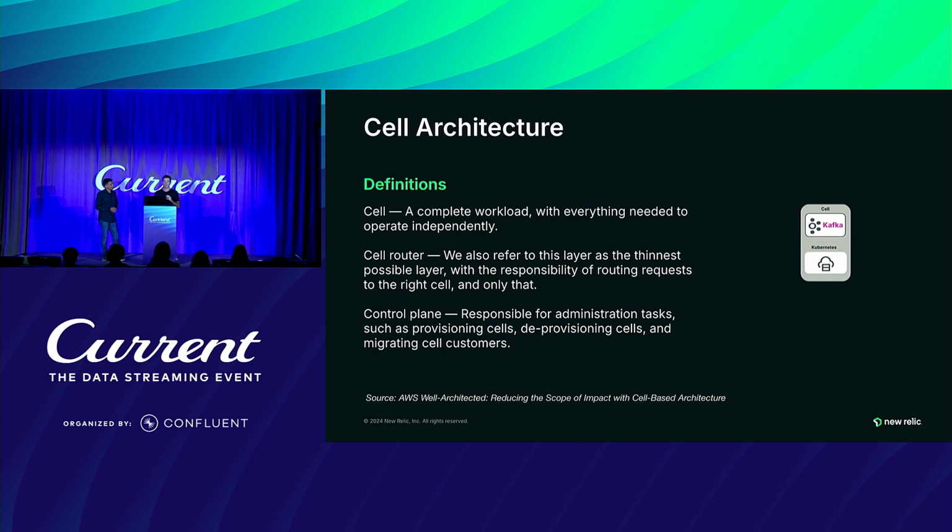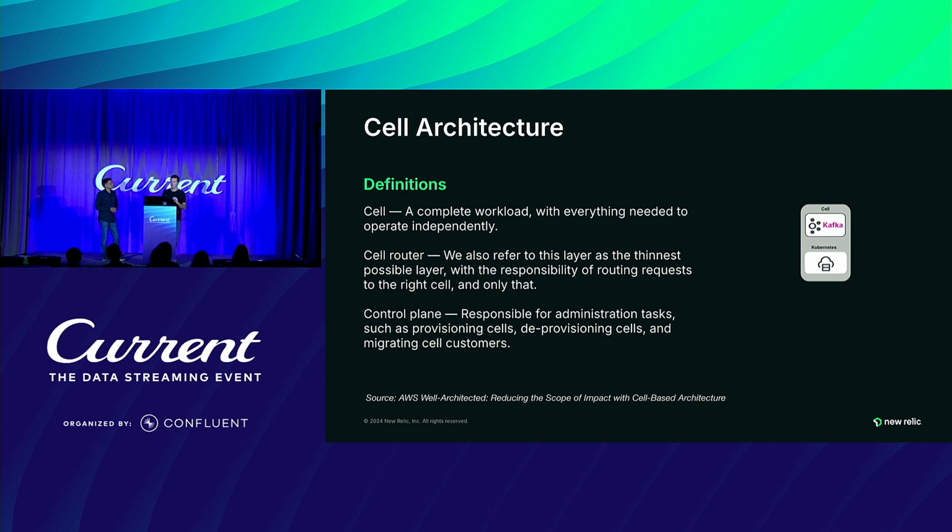We can see it as a smart load balancer, which is able to understand what cells are available and how it should route specific measures to a specific cell. It is also able to react to changes in the topology of the cells or the status of them. If a cell is not healthy for whatever reason, the cell router is able to detect those situations and to react to them in real time.